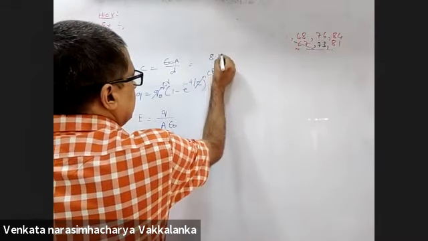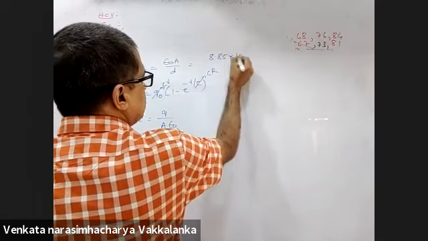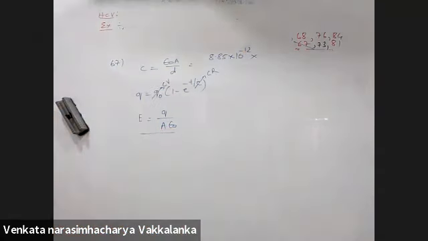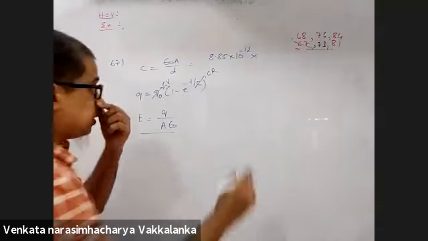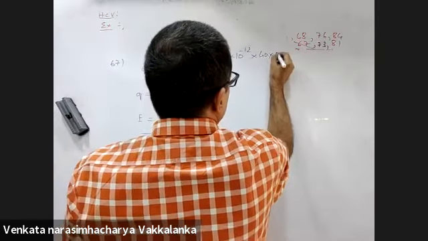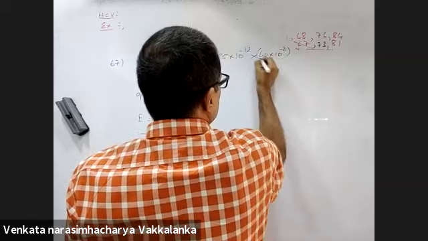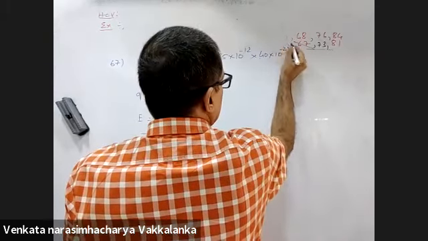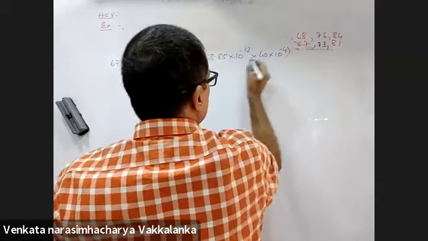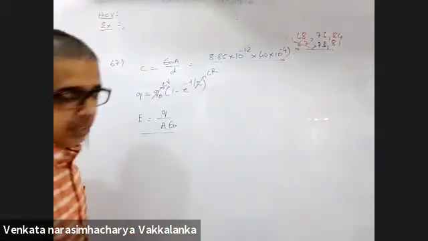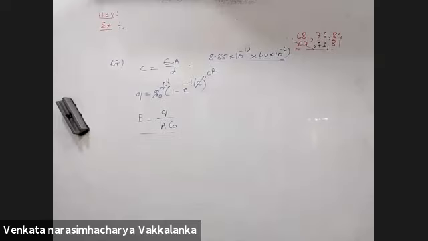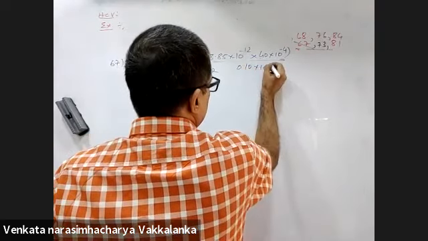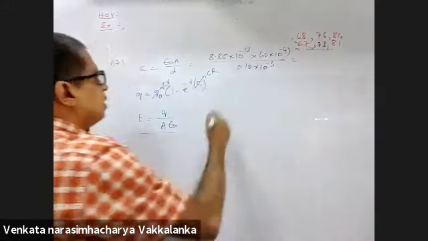Epsilon naught 8.85 into 10 raised to minus 12 in SI unit. Area of the plate, how much did he say? 40 centimeter square. 40 into 10 raised to minus 4. So 10 to the power minus 4. Epsilon naught A by D, how much did he give? 0.10 into 10 raised to minus 3.